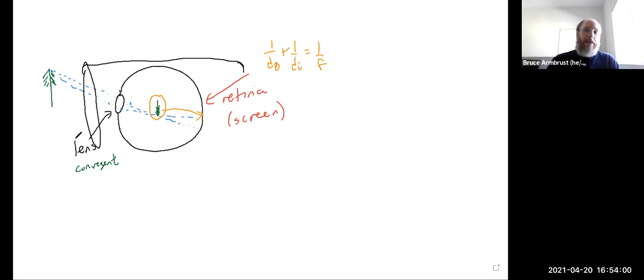So we just put lenses in combination. Think about what that does. The light from that tree is going to come into this first lens and bend, which then is going to proceed through that second lens, the lens of my eye. And the next thing you know, the image of the tree is actually on my retina and I can see it.